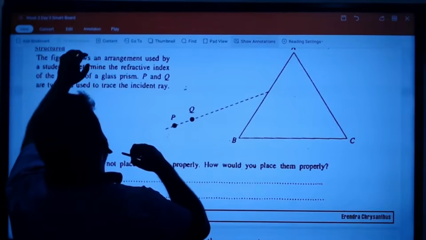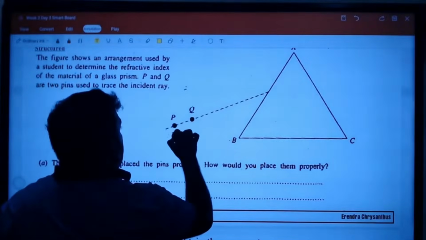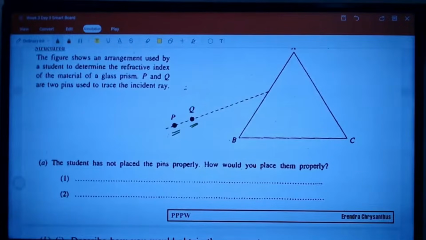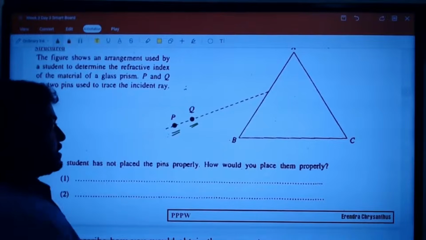Now look at this carefully. P, Q. You can see they are very close to each other.